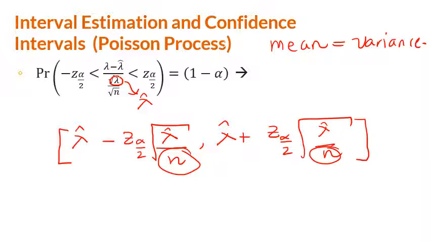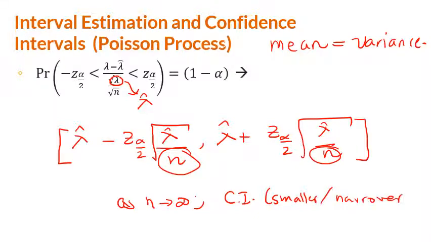Okay, ulit. So as N approaches infinity, CI becomes smaller or narrower. So essentially, you're getting a better estimate of your parameter that you want to estimate.